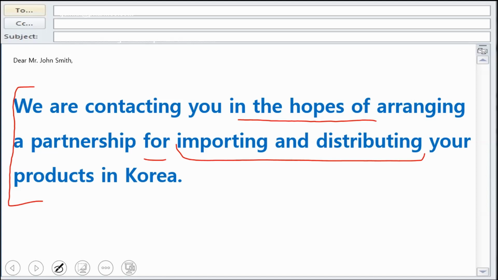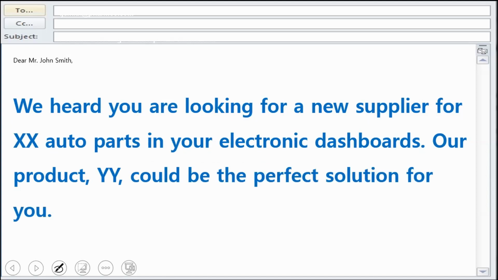That's one example. Let's take a look at another example. We heard, right? Not we know. We talked about this in an earlier unit. You don't write in the email, we know you are looking for, how do you know that? It's a little weird. We heard you are looking for a new supplier for Momo auto parts in your electronic dashboards. This is an actual situation from one of my workshops.